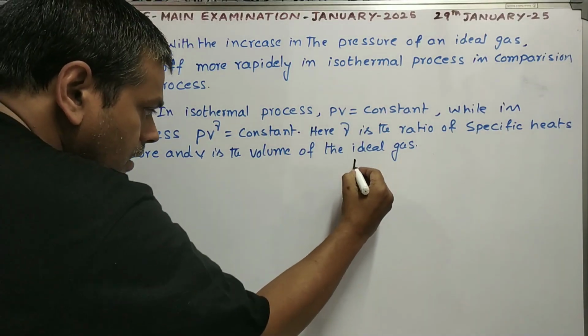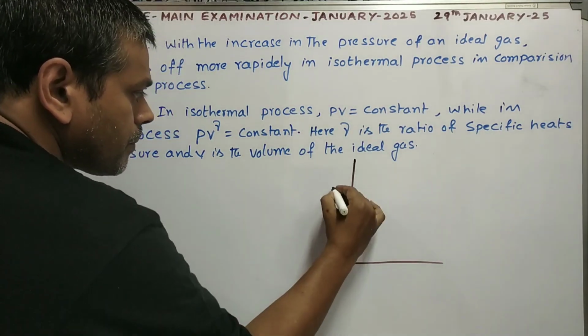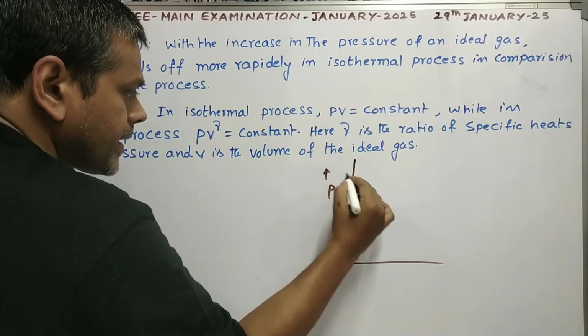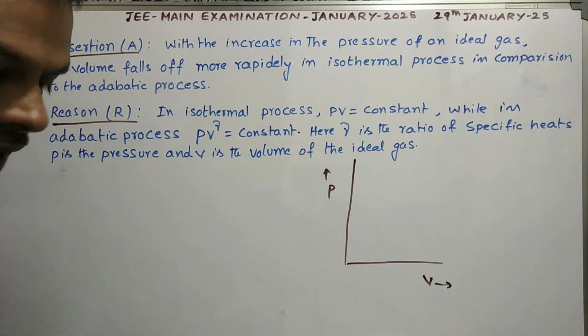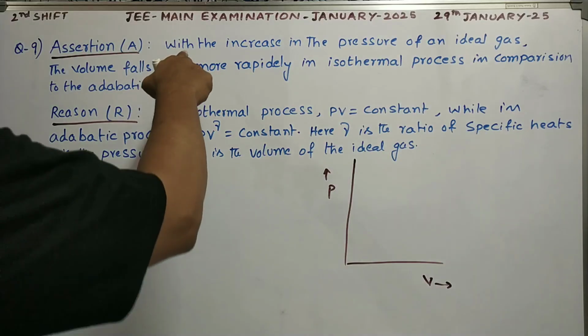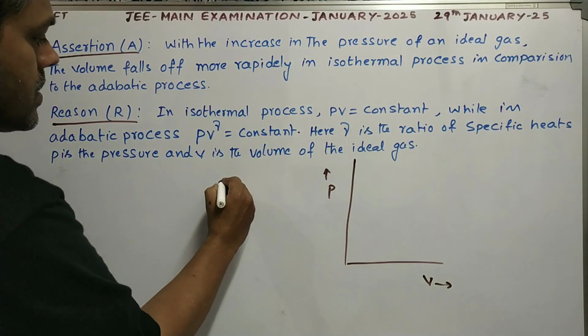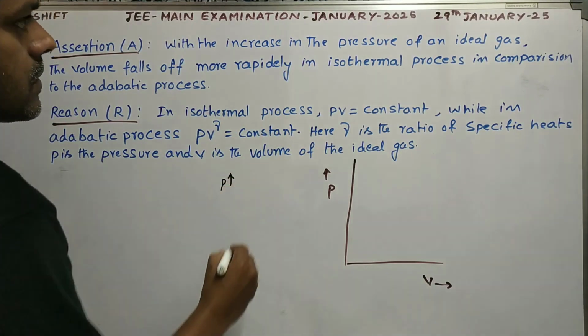When you draw an indicator diagram, pressure is taken along the y-axis and volume along the x-axis.